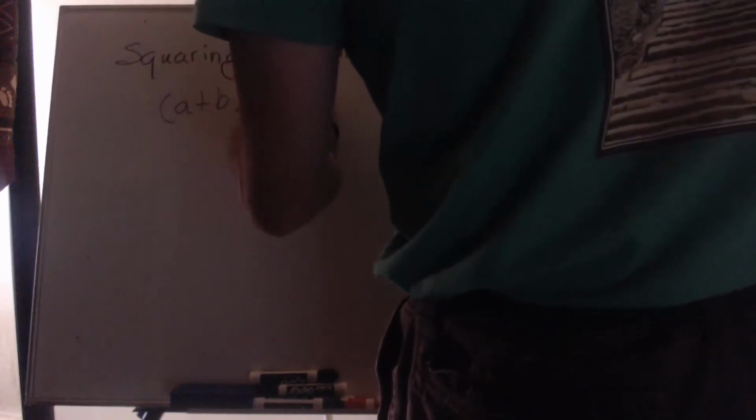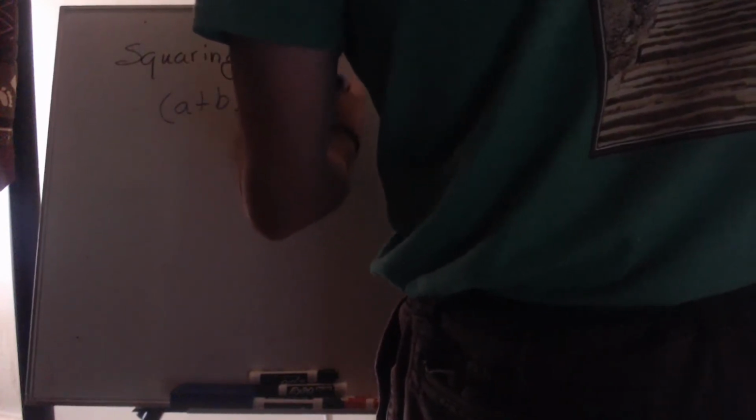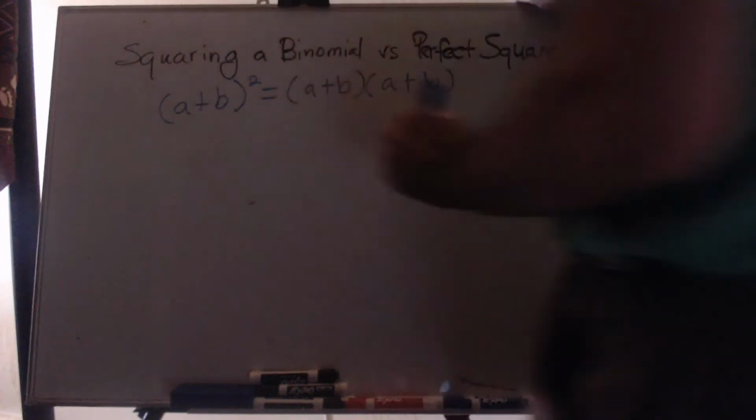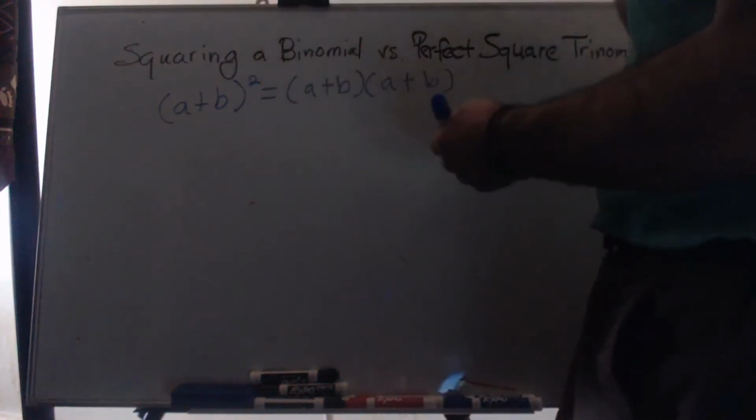If we take the binomial a plus b and square it, i.e. multiply it by itself, you could FOIL this out.